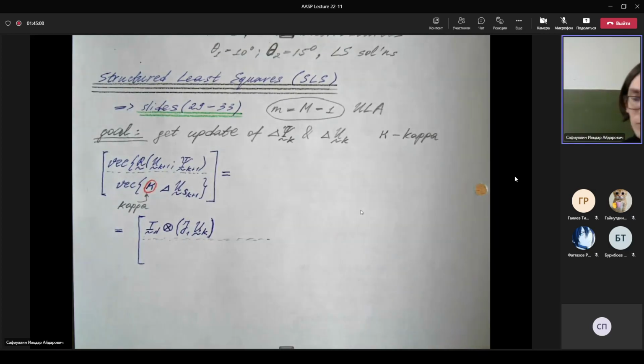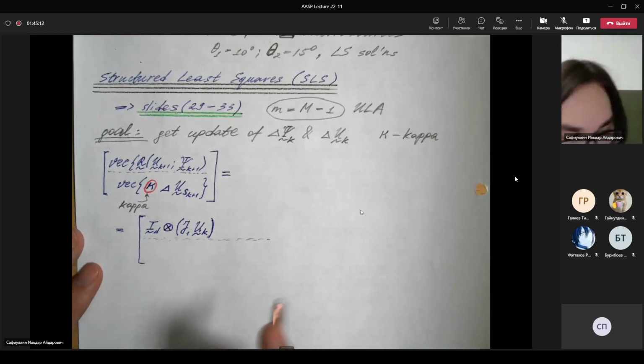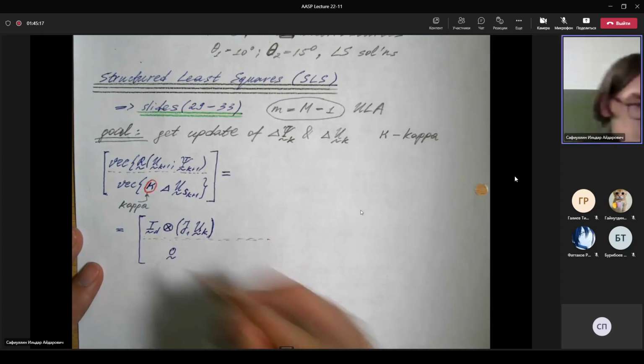Below this matrix we have a zero matrix.